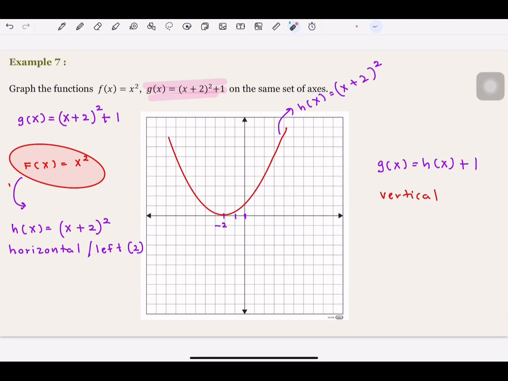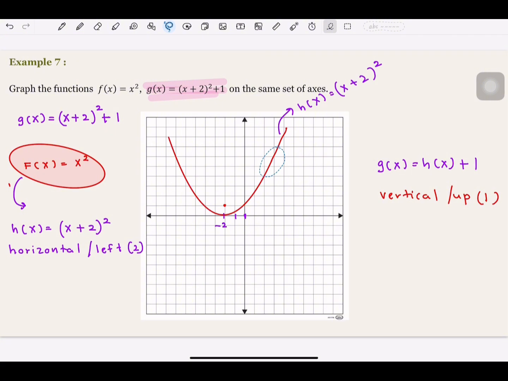And since you're going to add a 1, this is a vertical shift and it's going to be upward by 1 unit. So in order to get your g of x, you have to move this graph upward by 1 unit. If you consider this vertex, it should move over here because every y value will be moved upward by 1 unit.